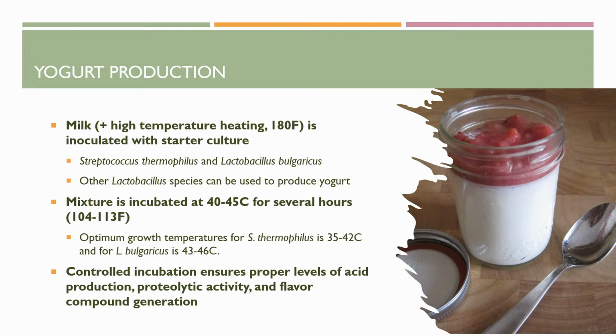The species that tend to make yogurt are Streptococcus thermophilus and Lactobacillus bulgaricus, but what you should remember is these names, Streptococcus, Lactobacillus. These species can be used to make yogurt.